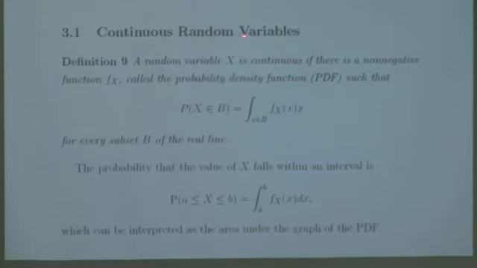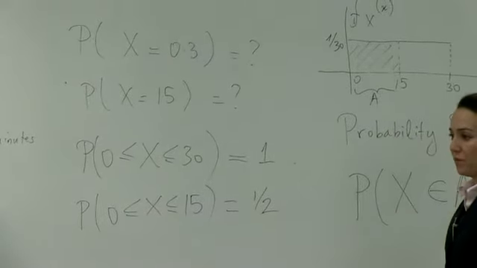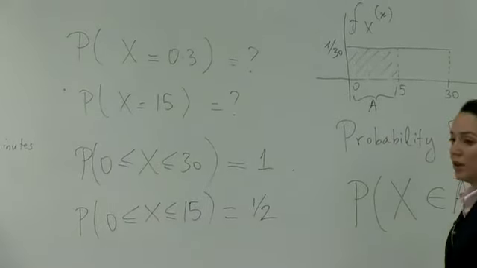Every continuous random variable has a PDF. So answer me this question. What is the probability that x here takes the value 0.3? We can find this using this equation, right? Integrate from, what is A? 0.3. What is B? 0.3.